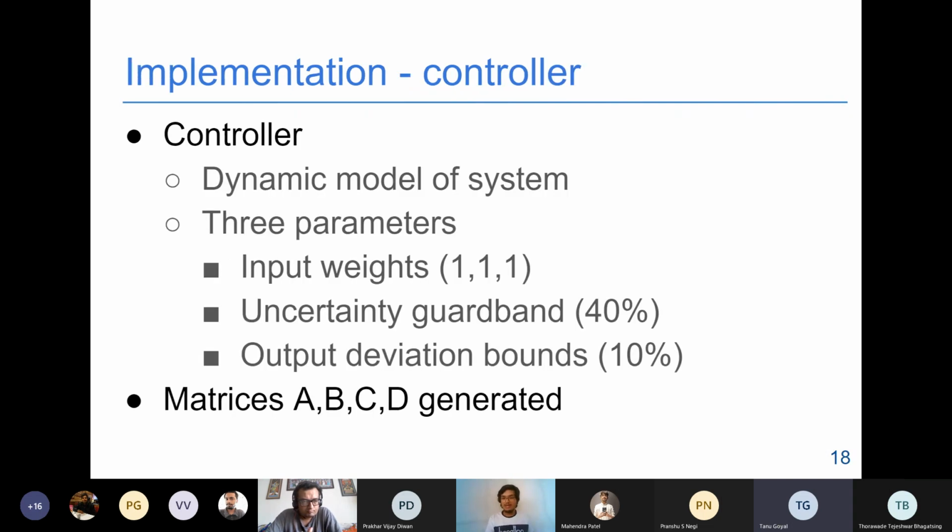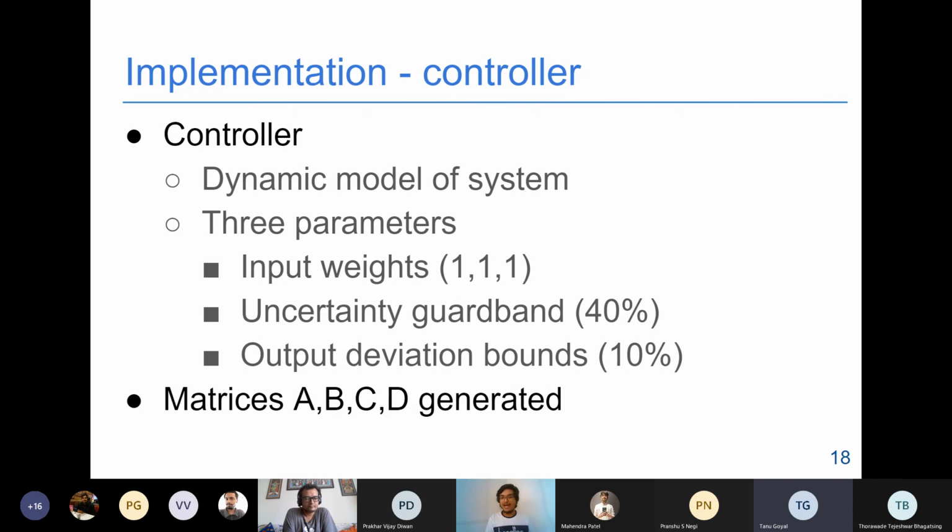Now let's look at how the controller is implemented. To implement the controller, we basically needed 4 matrices, A, B, C, and D, which were used in the state update equation and the equation to compute the action. To get those matrices, you basically compute a dynamic model of the system. It will be a polynomial model of the system. We'll look at this in the next slide.